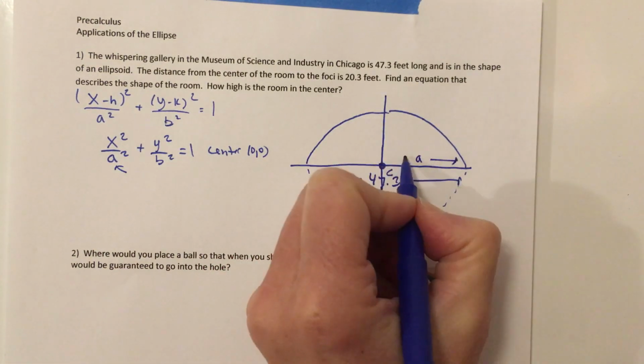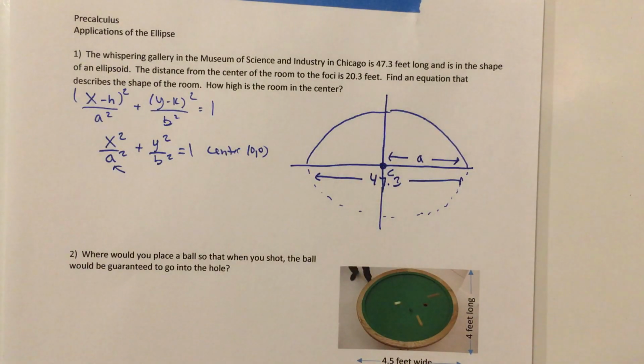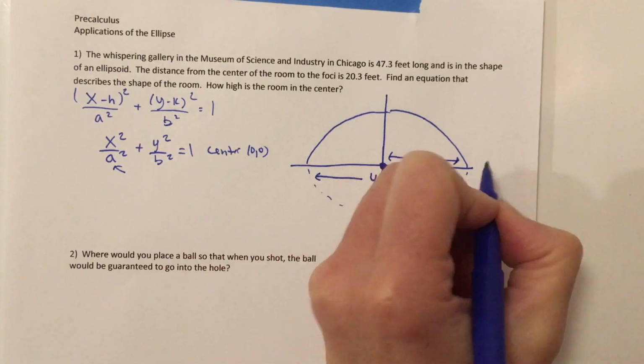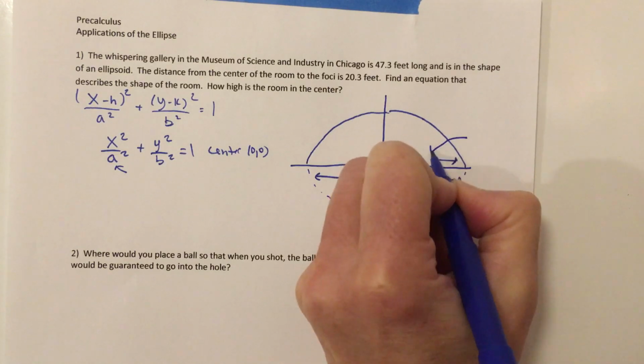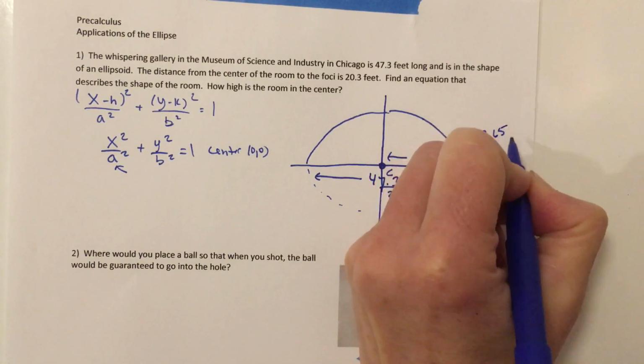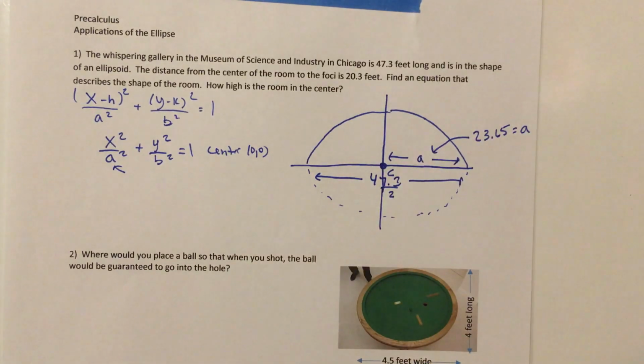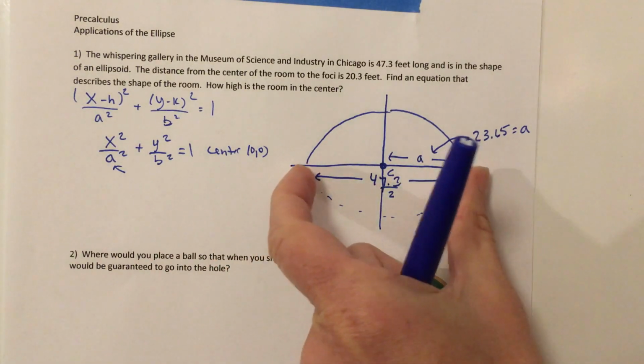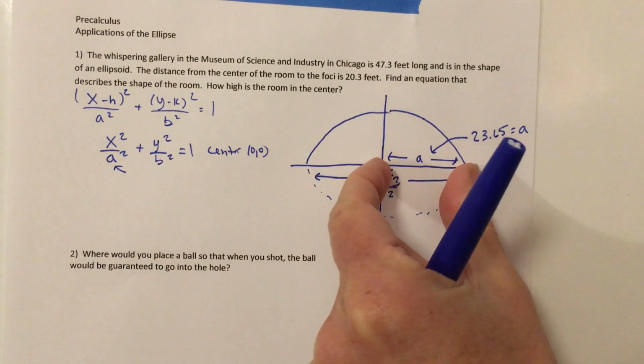So if all the way across is 47.3, then you would simply divide that by 2, and you get that this value right here is half, which is 23.65.